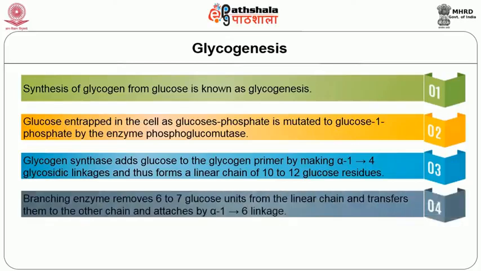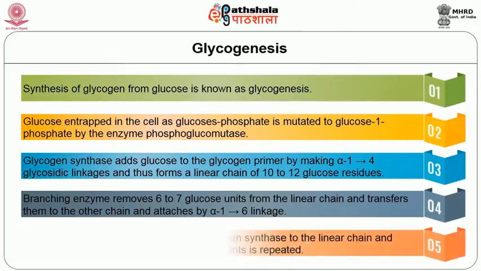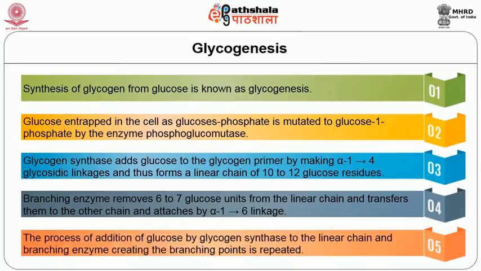At this time, another enzyme, the branching enzyme, removes 6 to 7 glucose units from the linear chain and transfers them to the other chain and attaches them by alpha 1,6 linkage, therefore creating a branching point. The process of addition of glucose by glycogen synthase to the linear chain and the branching enzyme creating the branching points is repeated, and thus glycogenesis is completed.